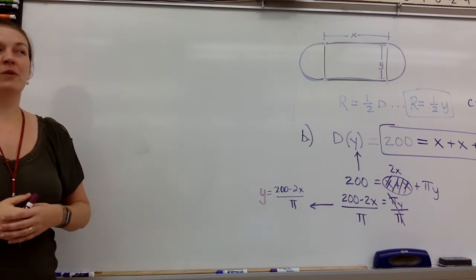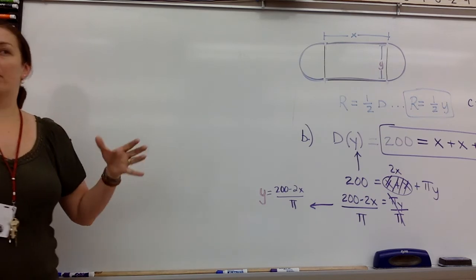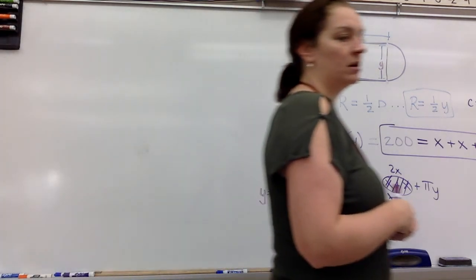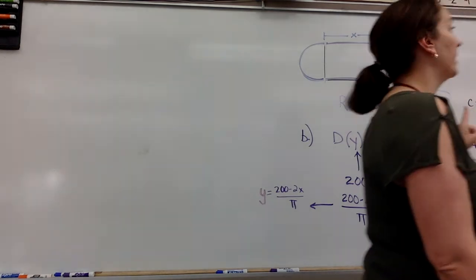Ultimately in the problem, what are we asked to do? What is the ultimate goal of the problem if we keep reading part D? Use a graphing utility to graph what? Area. Wait a minute, did we even talk about area yet? No. So now I'm going to ask you, they want you to talk about graphing the area of which specific part of the drawing?